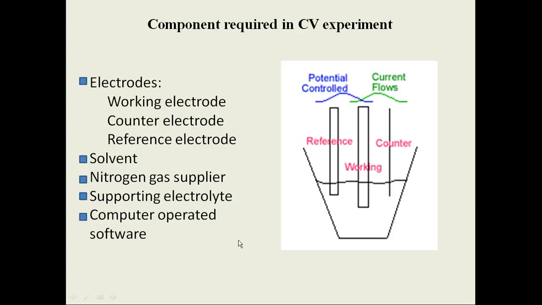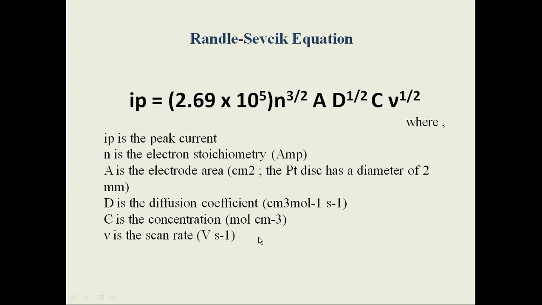And in CV, whatever current is measured is actually diffusion current. Diffusion current means current due to concentration gradient. This voltammetry depends upon this equation, where IP is the peak current, not a potential. It gives the relationship between peak current, scan rate (root nu), and concentration.